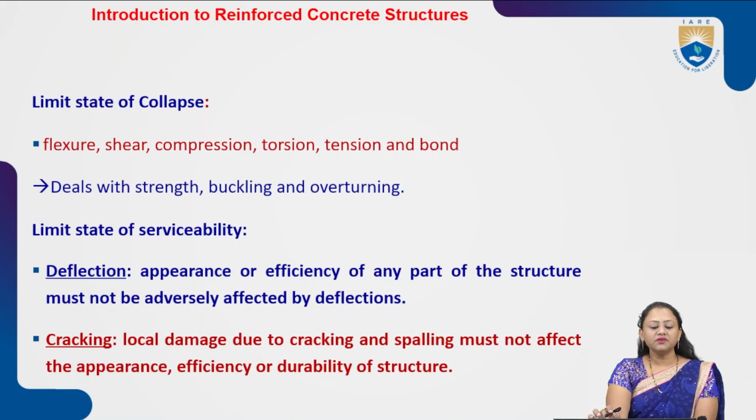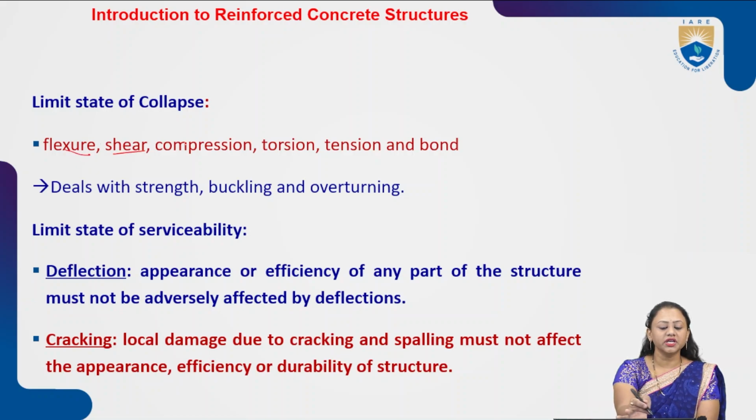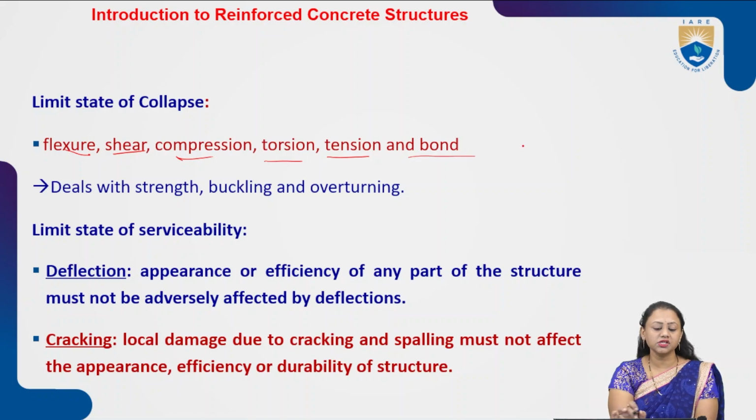So in the limit state of collapse, we have the provisions for flexure, shear, compression, torsion, tension and bond. We have to design the structures for flexure, shear, compression, torsion, tension as well as bond. It deals with strength, buckling and overturning.